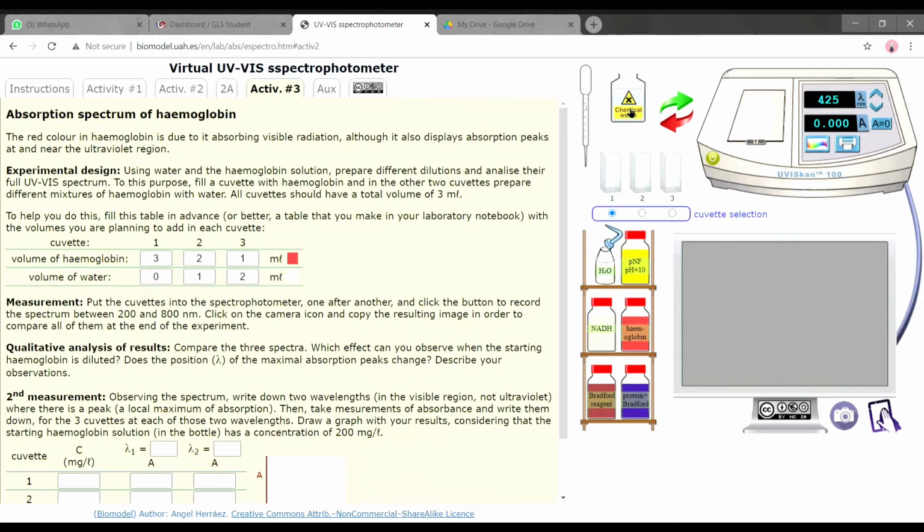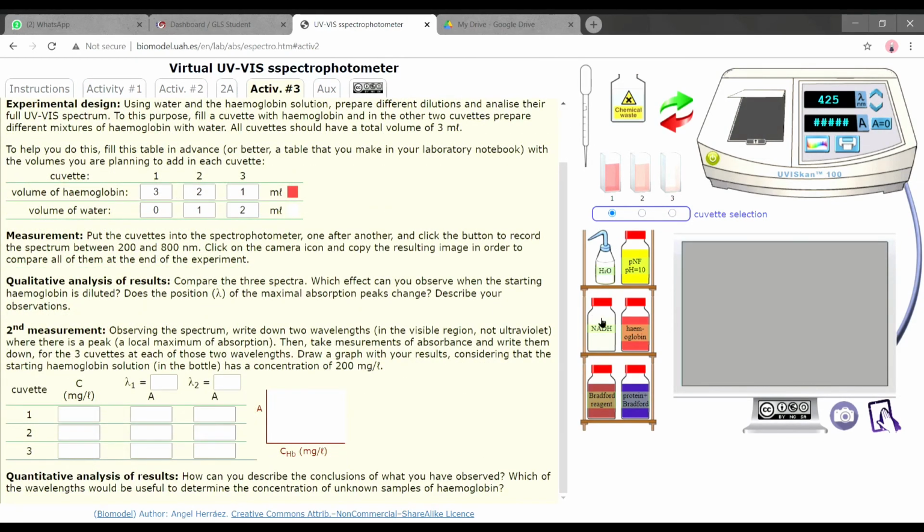So prepare the cuvette. All of the cuvettes are prepared to be analyzed.